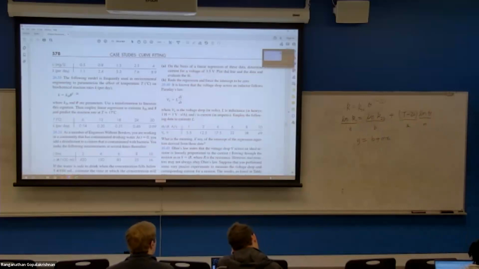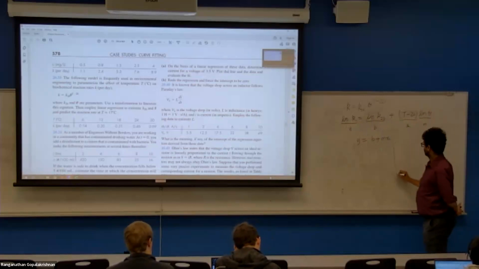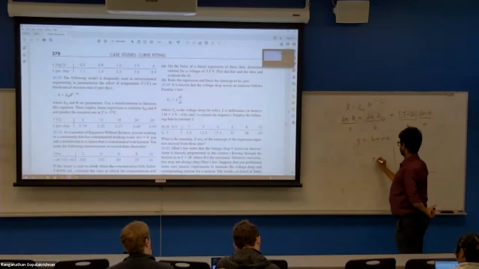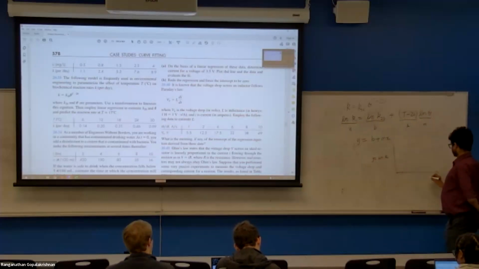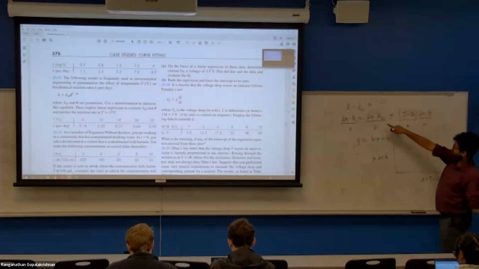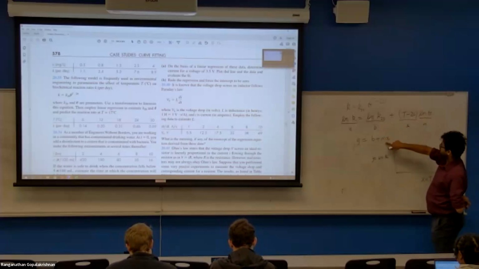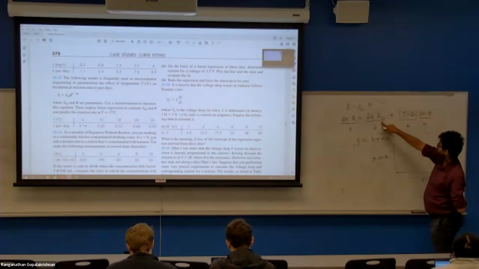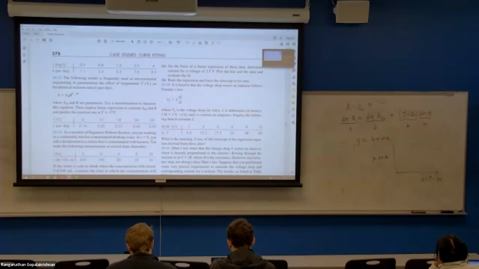You have to plot y equal to ln k versus x, which is the temperature shifted by 20 units, t minus 20. If you plot these two, you can expect a linear trend, and if so, you can get the intercept and slope and use them to get the values of k20 and theta.